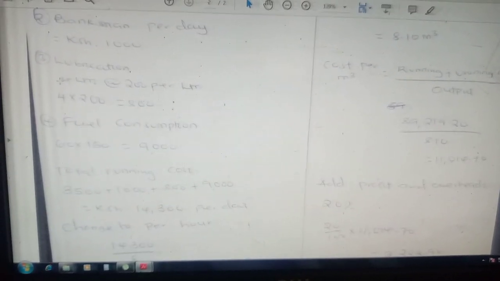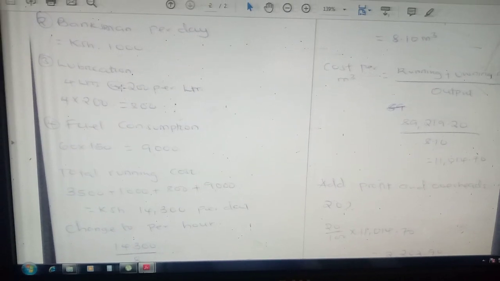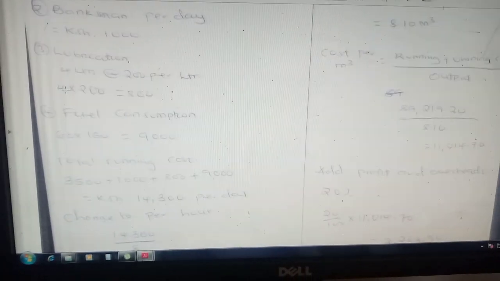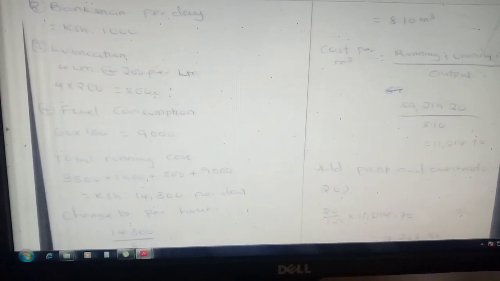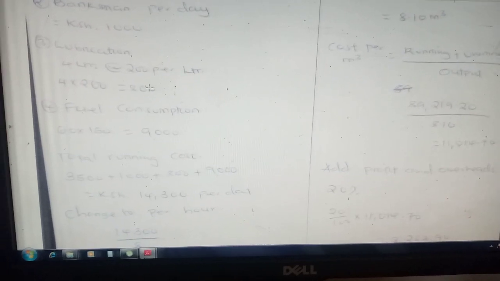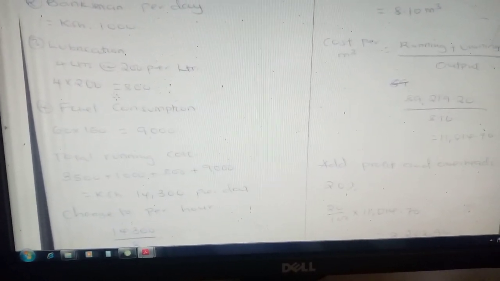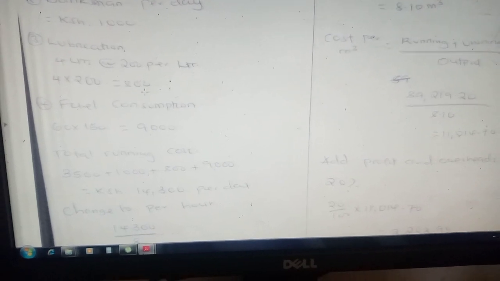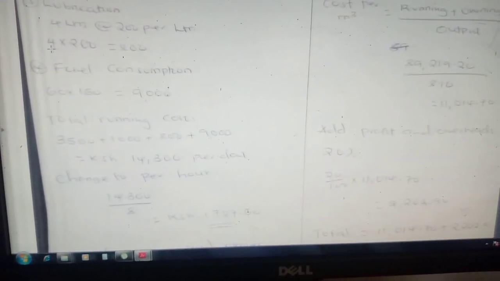Then the lubrication oil. We were told 4 liters at 200 shillings per liter. So you just multiply 4 times 200 shillings, which is 800 shillings. That is the cost that will be incurred for the lubrication oil the whole day.